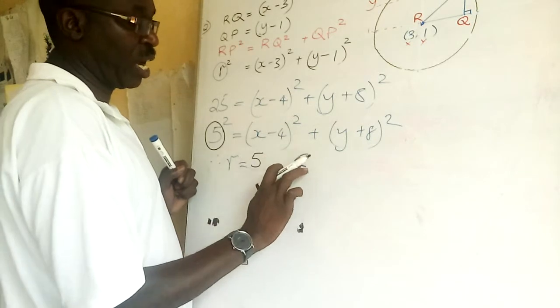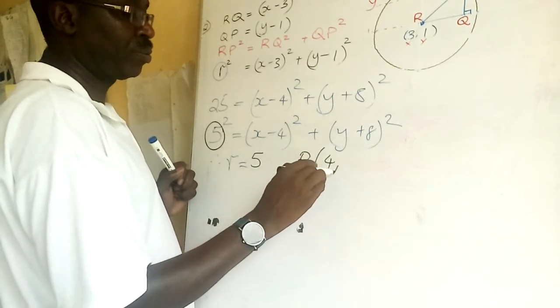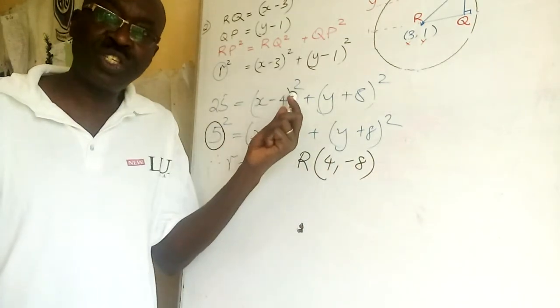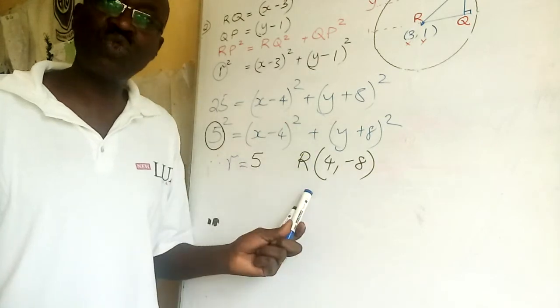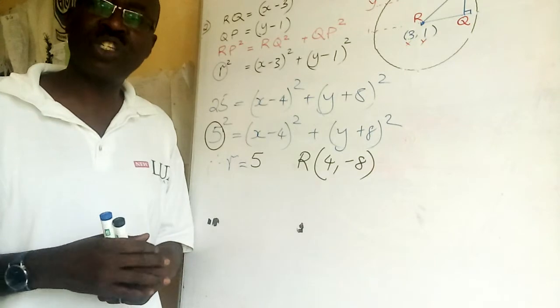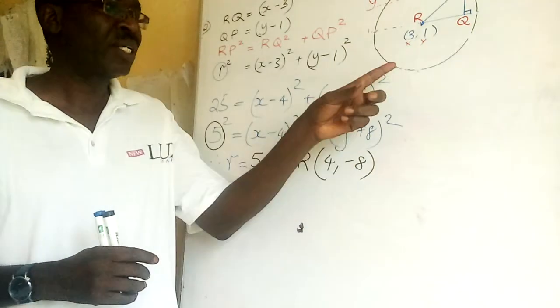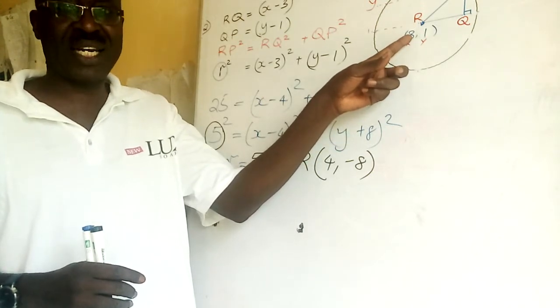The center is equal to (4, -8). So, from equation to the center, they are opposite signs. Okay? Using this example, you can clearly see 3 as the center.